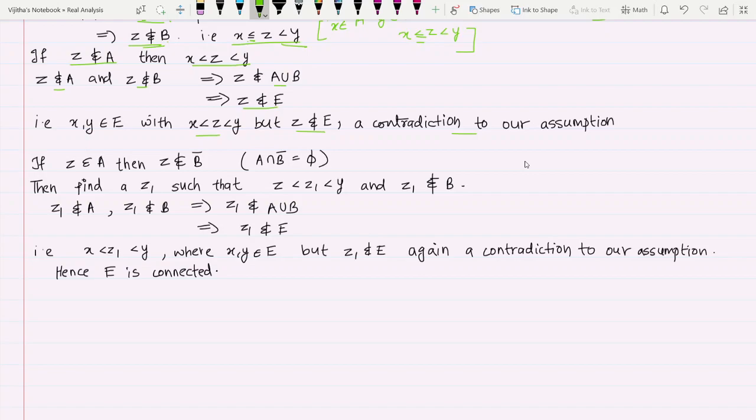So now the next condition is that if Z is an element of A. Now if Z is an element of A, then we know that Z is not an element of B closure, because A intersection B closure is empty.